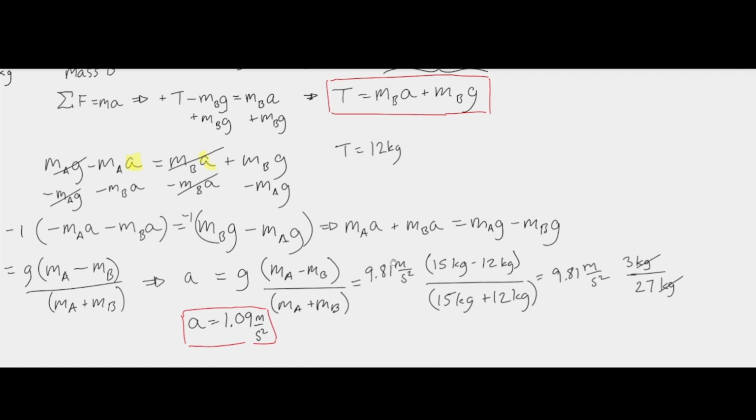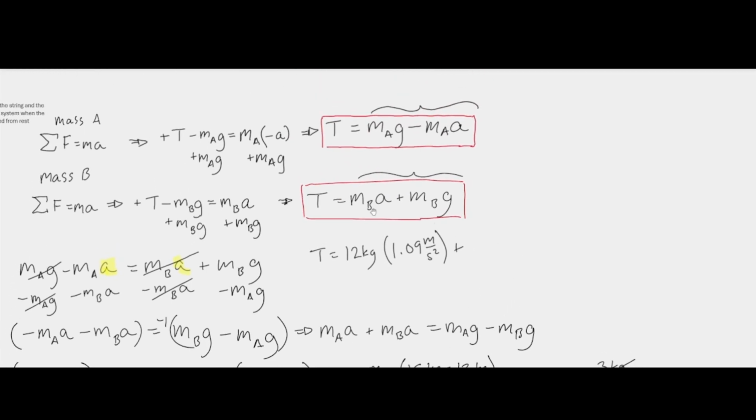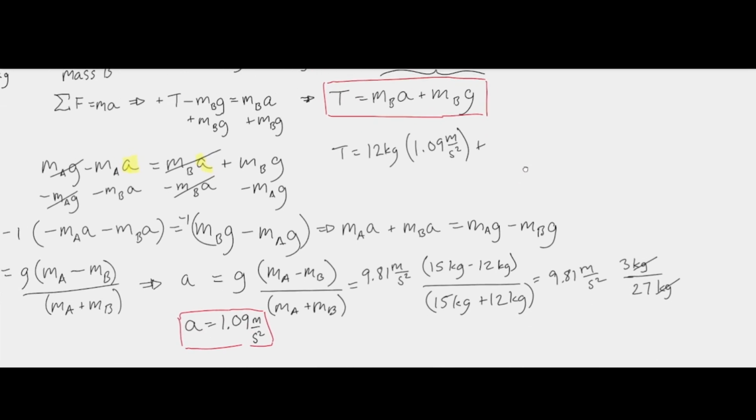So the acceleration is 1.09 meters per second squared. And then we have the mass of B yet again. And I just want to point out that I can use either of these tension equations because the tension's the same in both of them. So I'm just using this bottom equation.